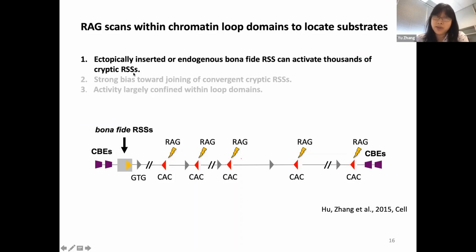We know they are cryptic RSS, or in other words, RAG substrates, because they have 2 important features. One is that they all contain the CAC motif, which I mentioned earlier, that is critical for RAG cleavage. And second, the activity or occurrence completely depends on the RAG presence.